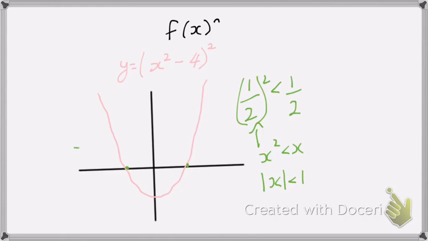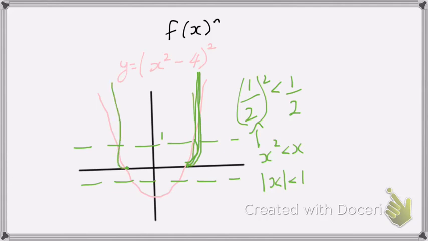So if I draw guidelines there and there at 1, they're not asymptotes, are they? Sorry, they're guidelines. So in between, in this region here, I'm squaring numbers less than 1, so I should stay underneath the curve, and this is going to look atrocious. Over here, I'm squaring numbers bigger than 1, so it should stay above the curve. So it should be kind of like a parabolic shape almost, but going under and then coming over. And exactly the same thing over there.